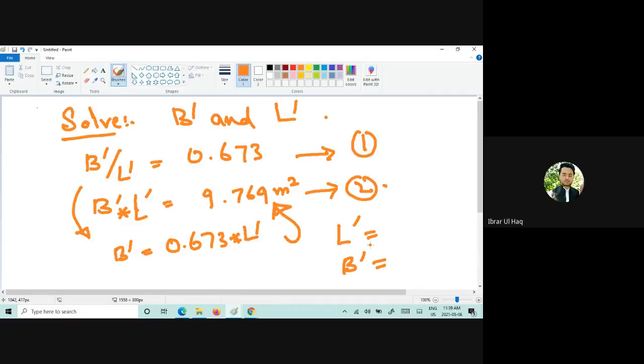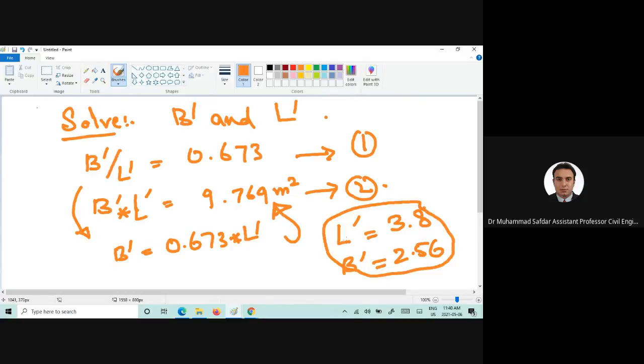L prime would be 3.8. B prime 2.56. Please kindly note down these values.